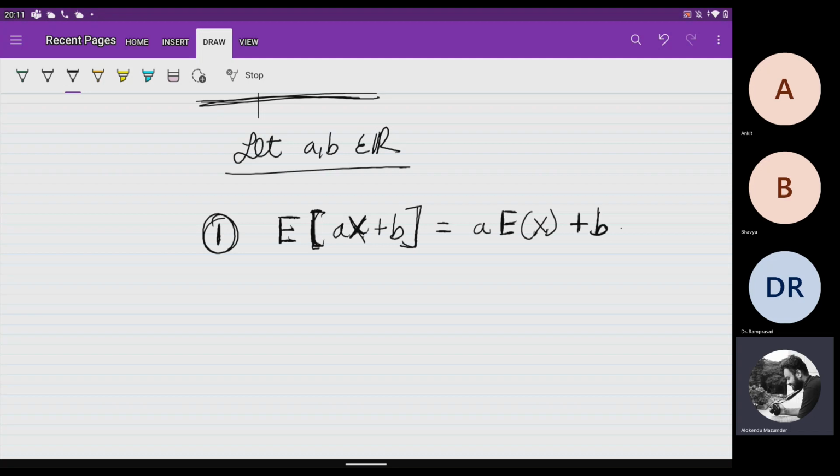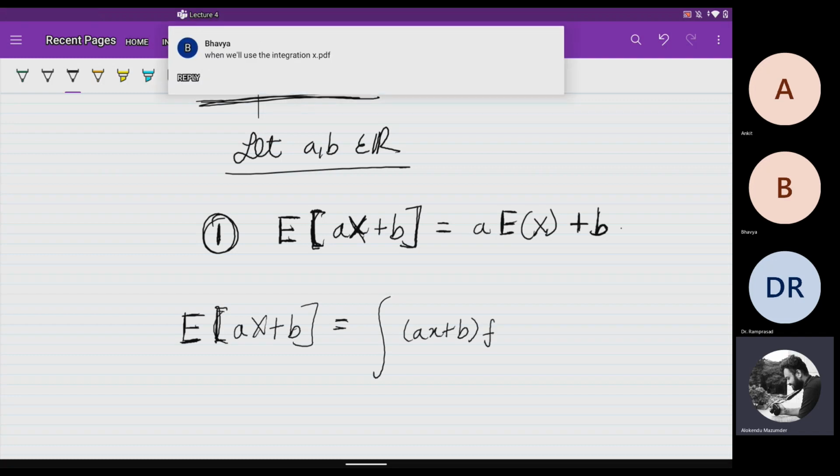Okay, I will just quickly go and derive. You have to start with the basic formula.